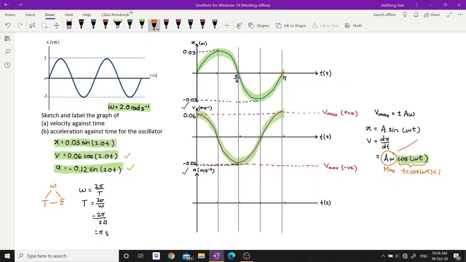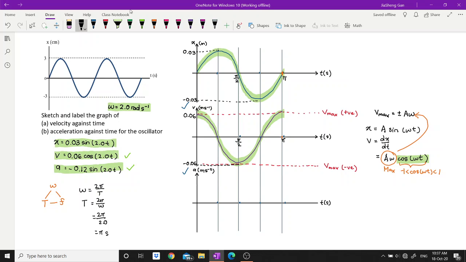That's why your Vmax is plus minus A omega. That's the idea behind how this equation comes into place. So now let's move on. Oh, we haven't finished labeling everything yet. We still have the period to label. This will be pi. And since there is pi, you have pi over 2 here.